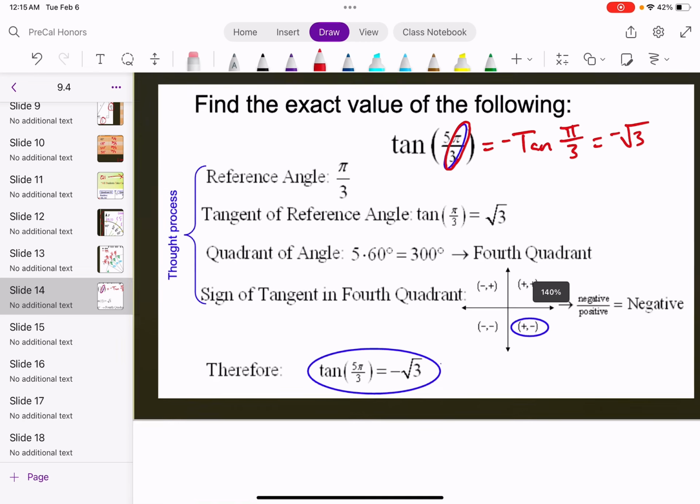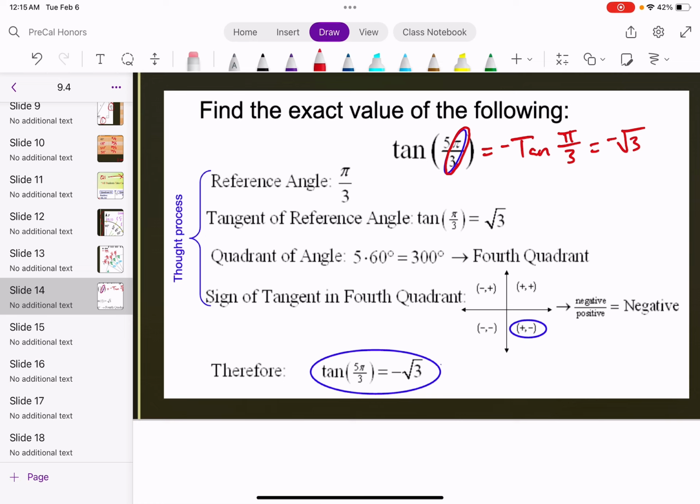Remember, this is what we were talking about before, where we have our cosine being positive and our sine being negative. Okay? In this case, because of that, this would end up being negative. So that's how we end up with a negative square root of 3.